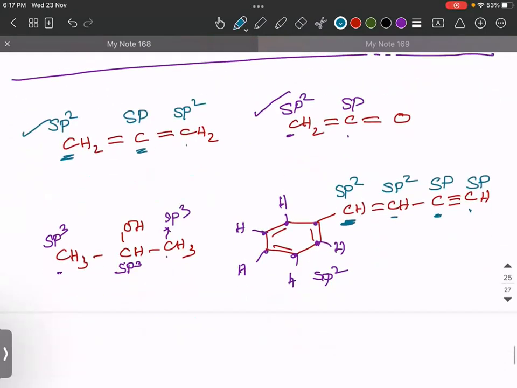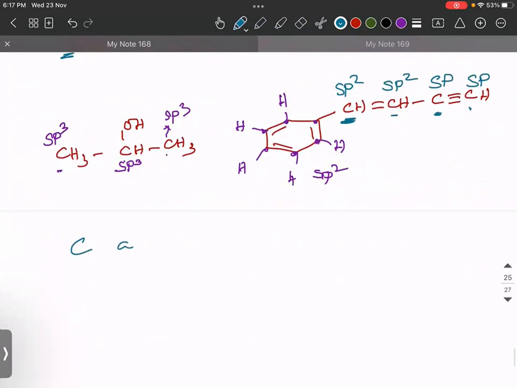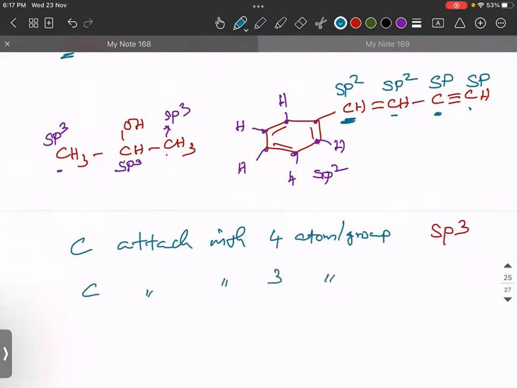So please remember: a carbon attached with 4 atoms or groups is sp3. A carbon attached with 3 atoms or groups, or 2 atoms or groups, becomes sp2 and sp. Very simple, you can find it out very easily. So this is the way.